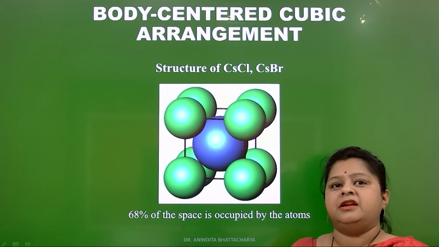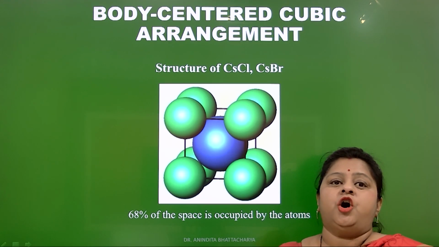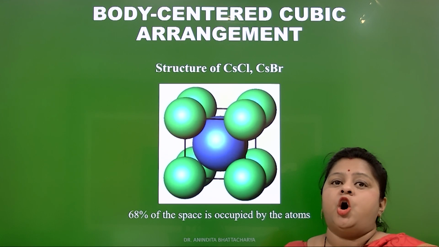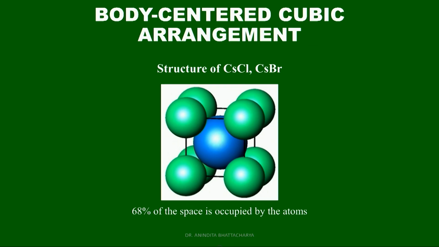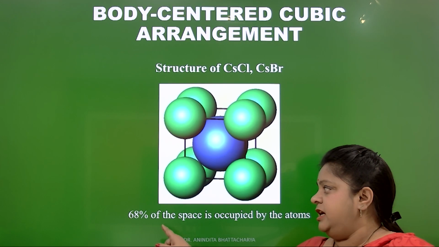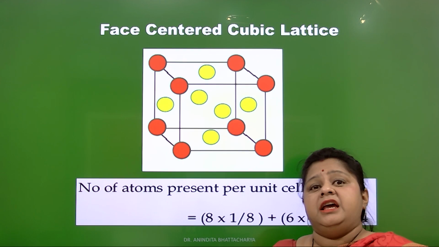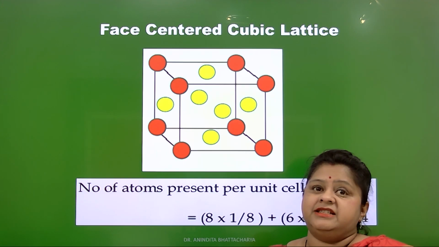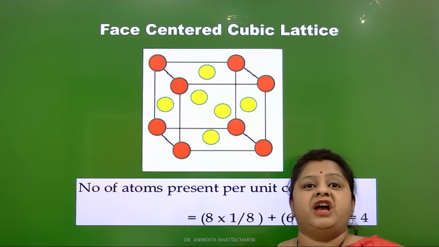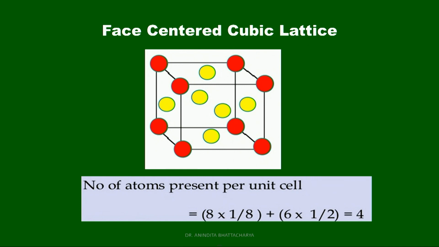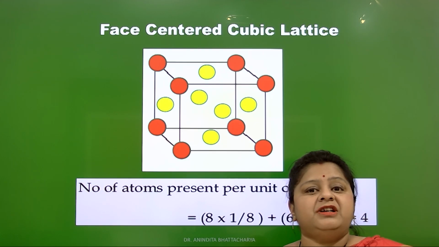If we now consider the structure of cesium chloride or cesium bromide, they have a better packing fraction, increasing from 52% to 68%. Then in the face centered, on each face we have a single atom, and that is shared by 2, so we have only half of it for that particular cell.